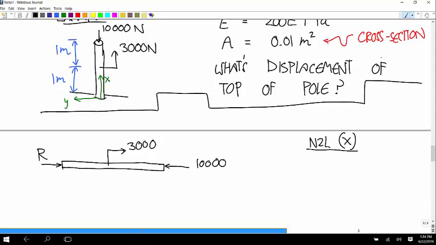Nothing's happening in Y, nothing's causing any moments. So I'm going to write this as R plus 3,000 minus 10,000 is equal to 0. So R is equal to positive 7,000 newtons.